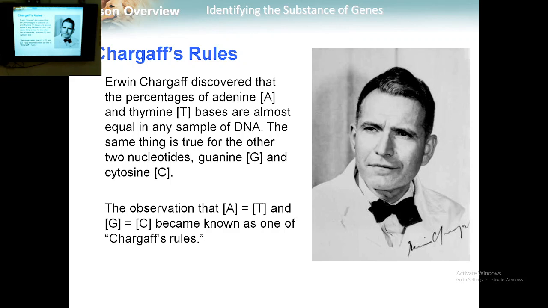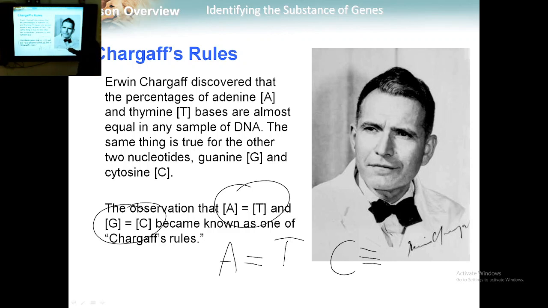So he observed that A always binds to T, while C always binds to G. So A always binds with 2 bonds to T, while C always binds with 3 bonds to G. You have to know that.